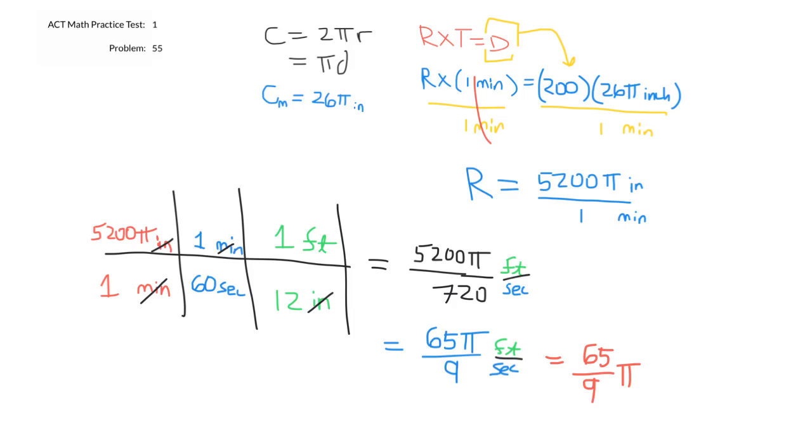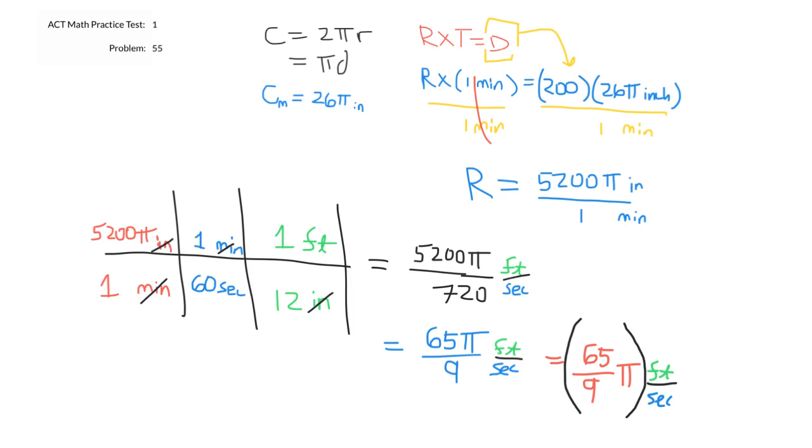And just to be thorough, I'll also continue to write feet per second. Now, let's be very clear though, this is the number. It's this amount of feet per second. So that is how you do that one.